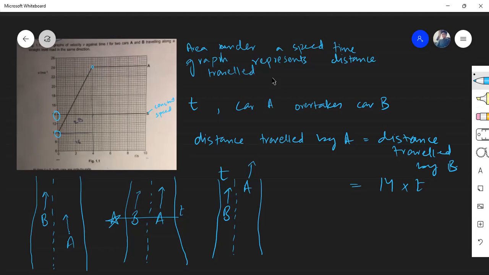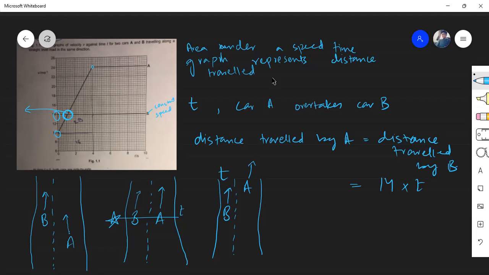Is the time at which the lines cross over? Oh, okay. So no, this point only represents the time when the speeds of A and B are the same. It doesn't say anything about the distance.